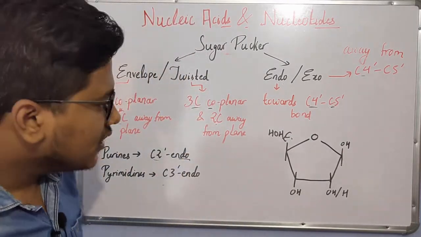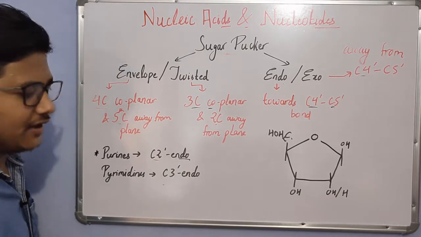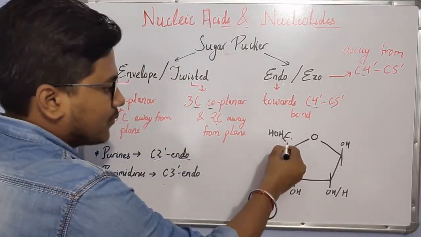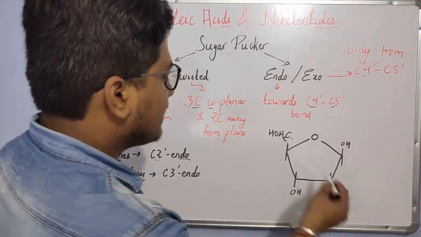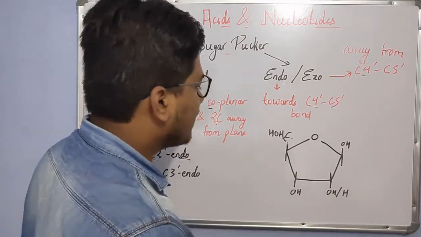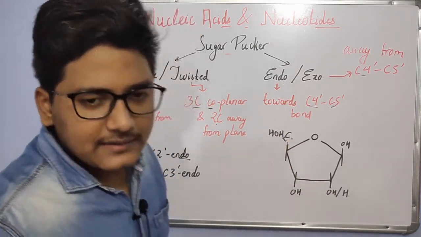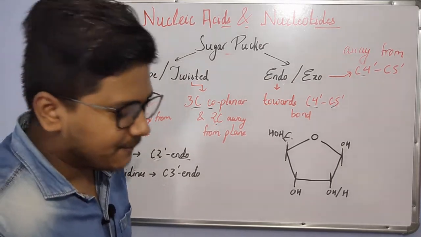Now, if this is the structure, this is the C4 and C5 bond that I am talking about. So if the direction is towards this particular bond, then it is the endo classification. Whereas if the twisting or the envelope is away from this C4-C5 bond, then it will be considered the exo classification or the exo puckering.